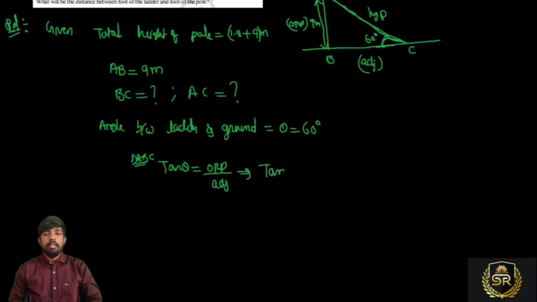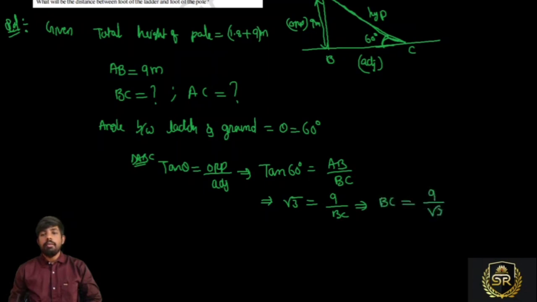So tan 60 degrees is equal to opposite AB by BC. Tan 60 is root 3. AB is 9, and BC is unknown. So BC is equal to 9 by root 3.